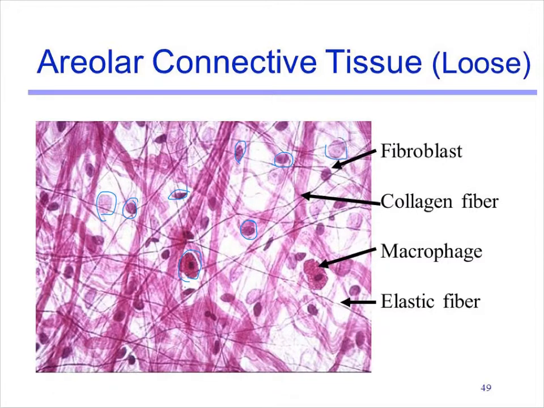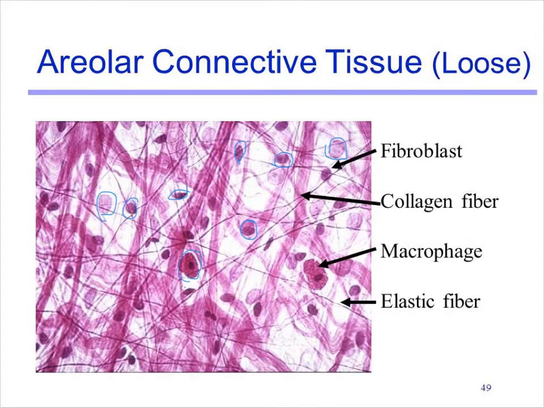And so you have a relatively medium to medium high density of cells, and you also see a bunch of different types of fibers. These big, thick, pink fibers here, those are the collagen fibers, and you should see mostly these big, thick collagen fibers.